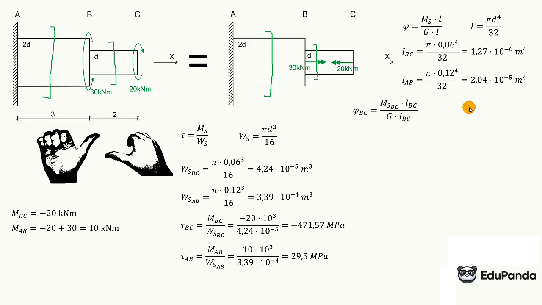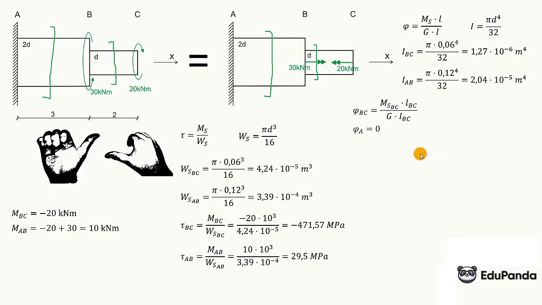Now the angle of twist for section BC. We take everything from section BC: the torsional moment, the length of section BC, which is 2 m. Kirchhoff's modulus is constant for the entire length of the rod, and the moment of inertia we calculated.